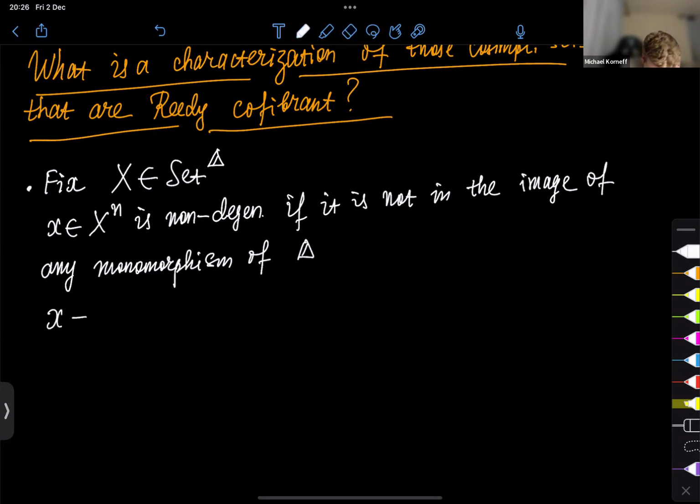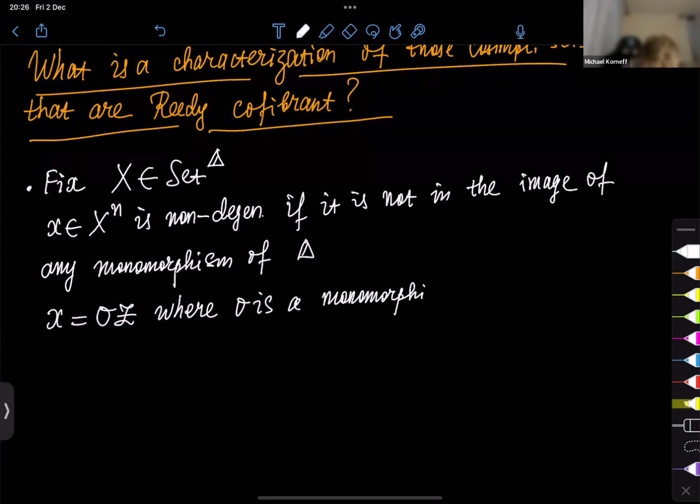Expression x equals the composition of some sigma with z, where sigma is a monomorphism in delta, and z is a non-degenerate simplex.